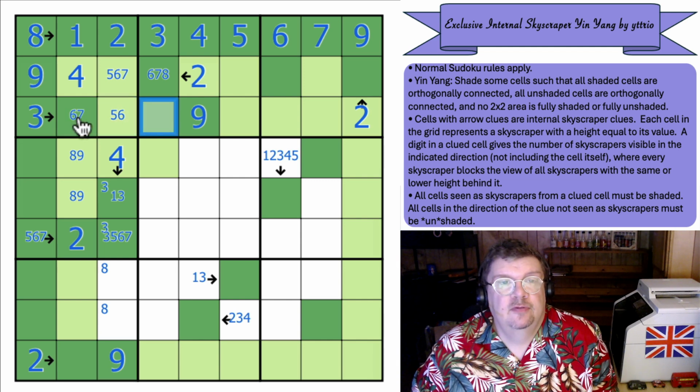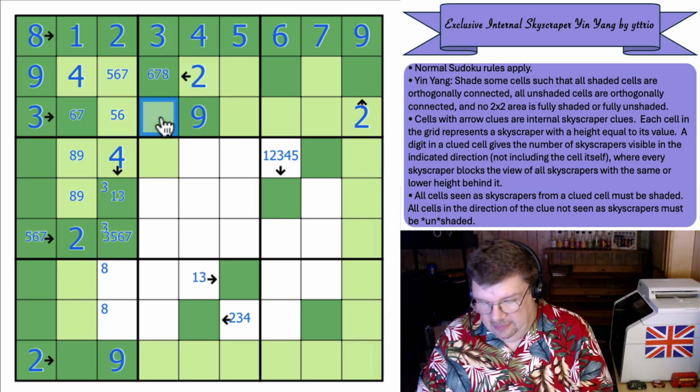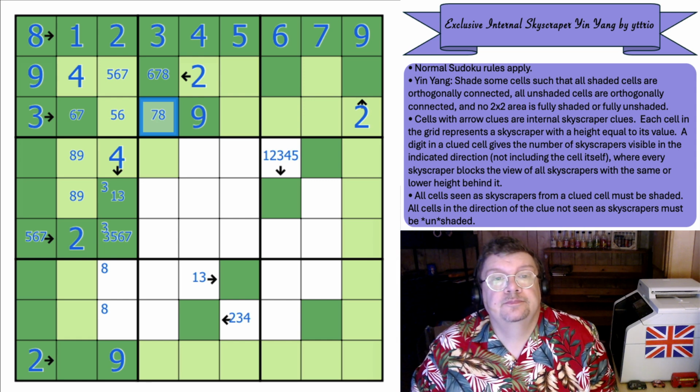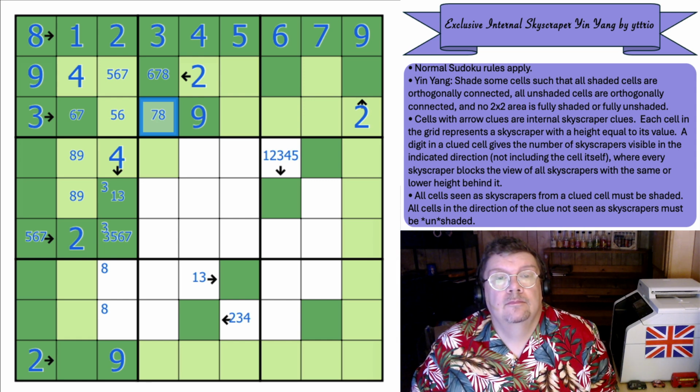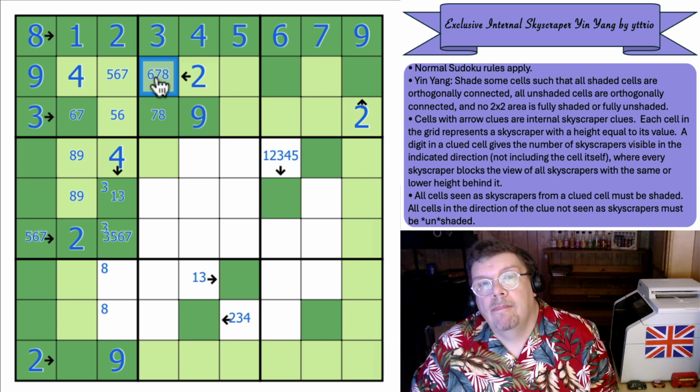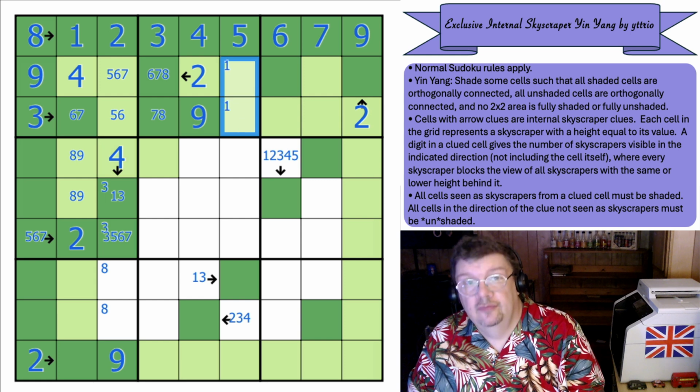And now this digit must be larger than this, so that must be a 7 or an 8. Okay. So 1 is in one of those two.